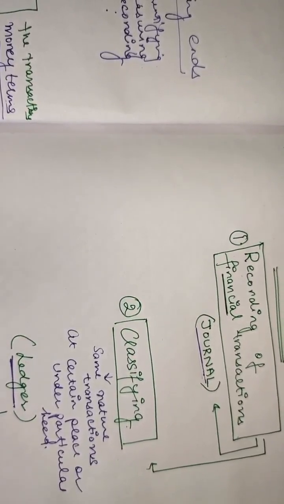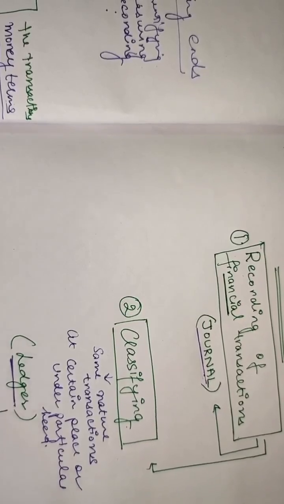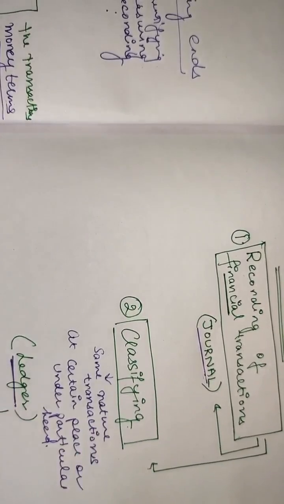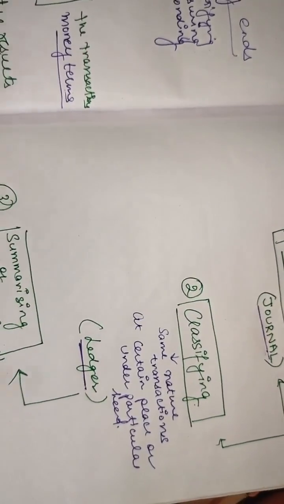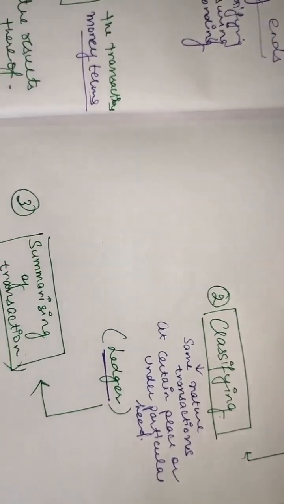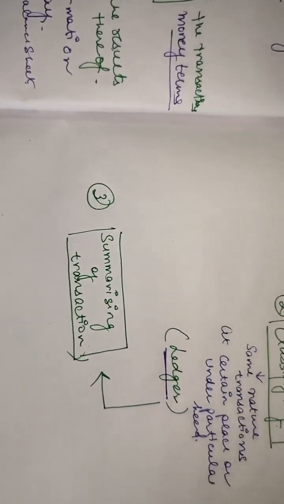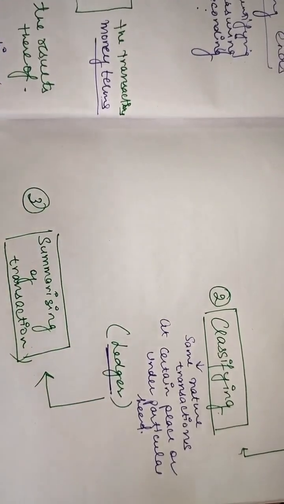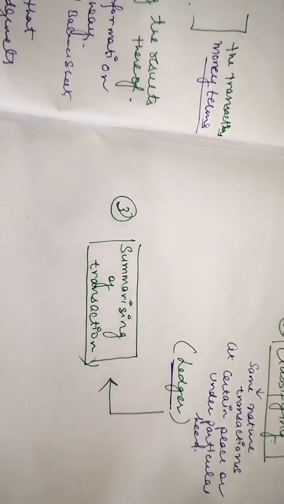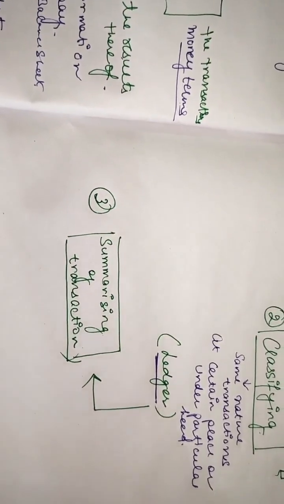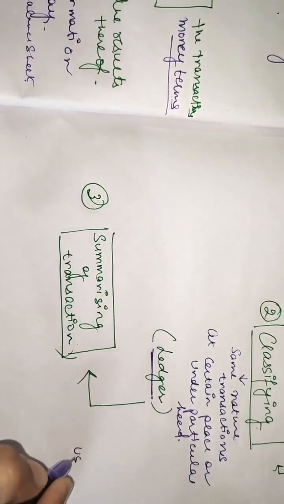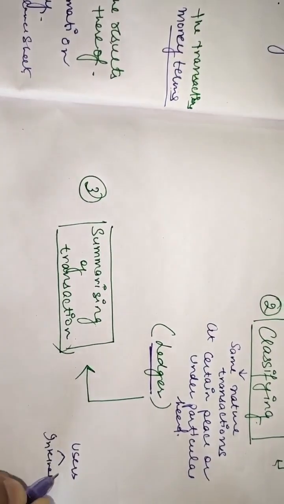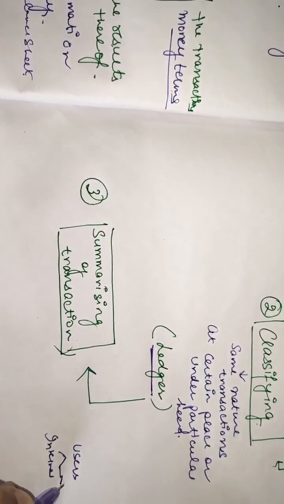What we have understood about summarizing is that all those transactions which are recorded in the books of accounts will be presented in such a way so that it is made understandable for the users of accounting. Who are the users of accounting? Basically internal and external.